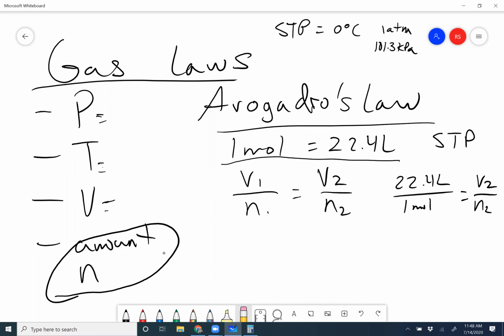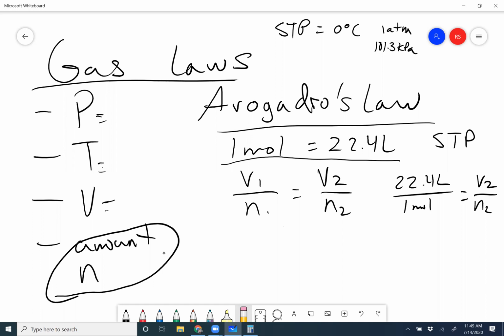Led us to that 6.02 times 10 to the 23rd number. Pretty cool. But it also led us to the big discovery that all gases kind of behave the same way, in that they will all double, or they will all triple, or they will all be cut in half, or what have you. It didn't matter what type of gas it was. It only mattered what temperature, pressure, volume, and amount was going on.